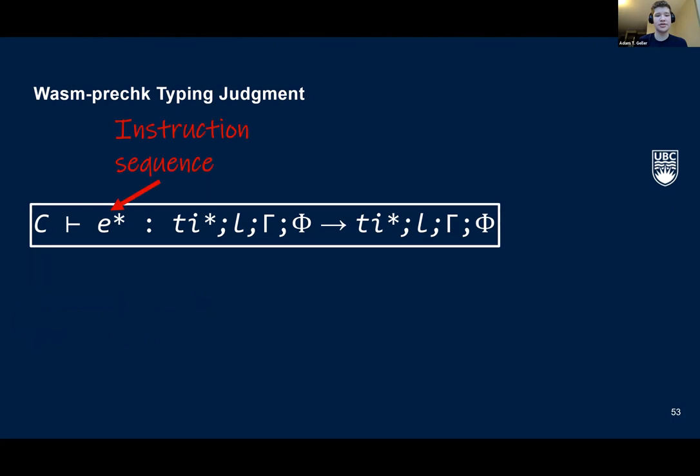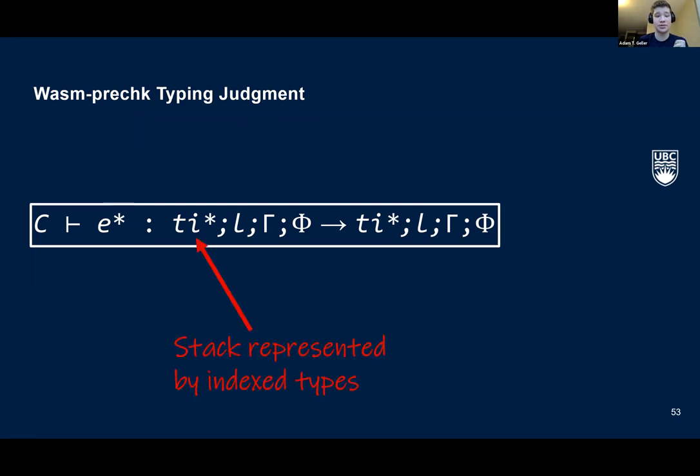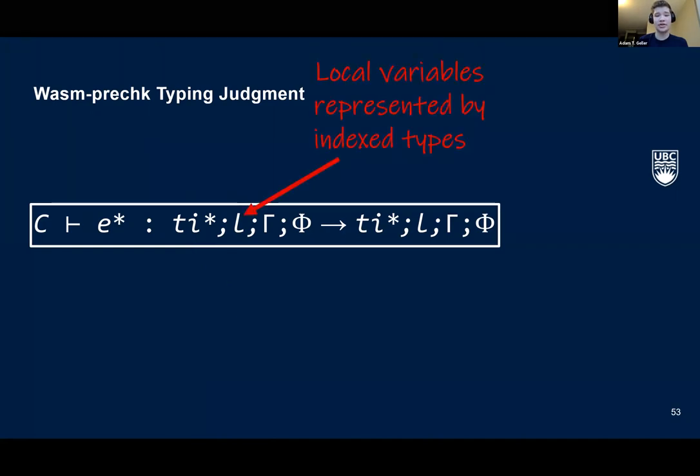E star is still just the instruction sequence, but now we have a crazy amount of stuff going on in the precondition and postcondition. We have ti star instead of t star, and this is just the sequence of index variables that represent the stack. L is the list of local variables, which are also represented by index types. So the stack and the representation of local variables has the exact same structure.